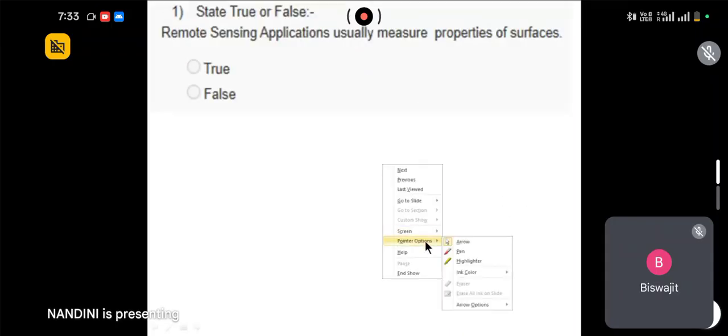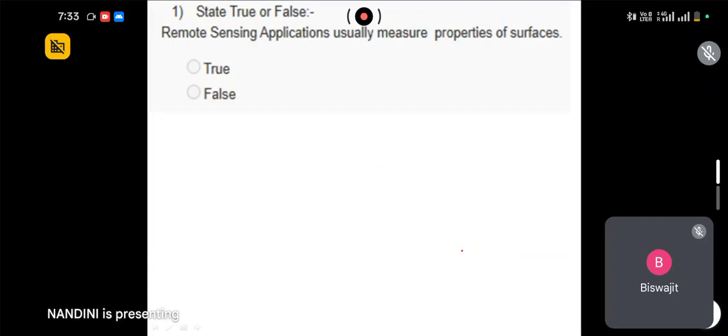So the next question. Now we are moving on to, so now we learned about what in situ instruments are, like the thermometer, which is used to measure temperature, the barometer, which is used to measure pressure. Then we have the hygrometer, which is used to measure humidity. Then we learned about the anemometer, which is used to measure wind speed, and the wind vane, which is used to measure the wind direction.